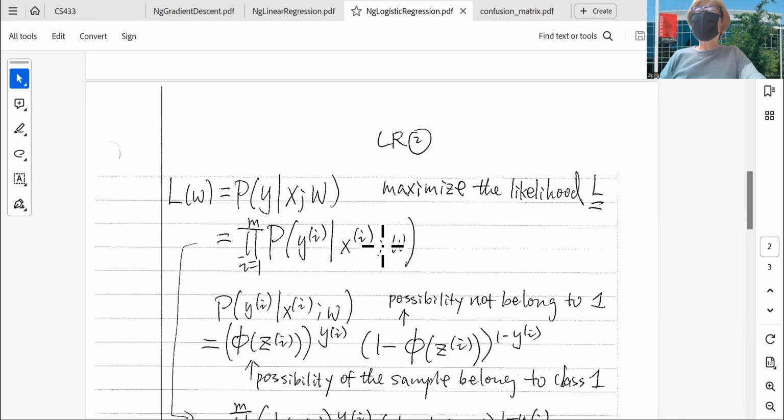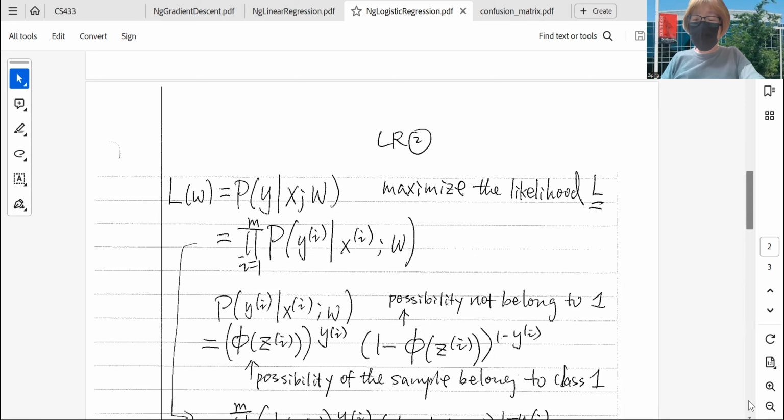So you should consider all samples' probability. That's why you need to multiply all of the samples' probabilities.